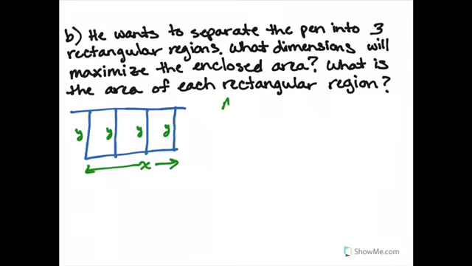So my area of the entire thing is x times y, and that's what we're trying to maximize, the entire enclosed area. And now we have 400 feet of fence, but it has to add up to be 4y plus x. And if we solve that for x, we're going to get x equals 400 minus 4y.